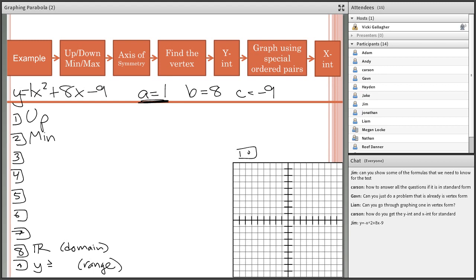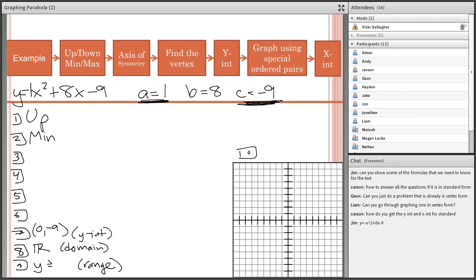The other thing I can fill out right now, I know my y-intercept right now. Because in standard form, the y-intercept is the letter c. The y-intercept is a point, so I'm going to put 0, -9 for my y-intercept. So I already know it's going to definitely cross at -9.